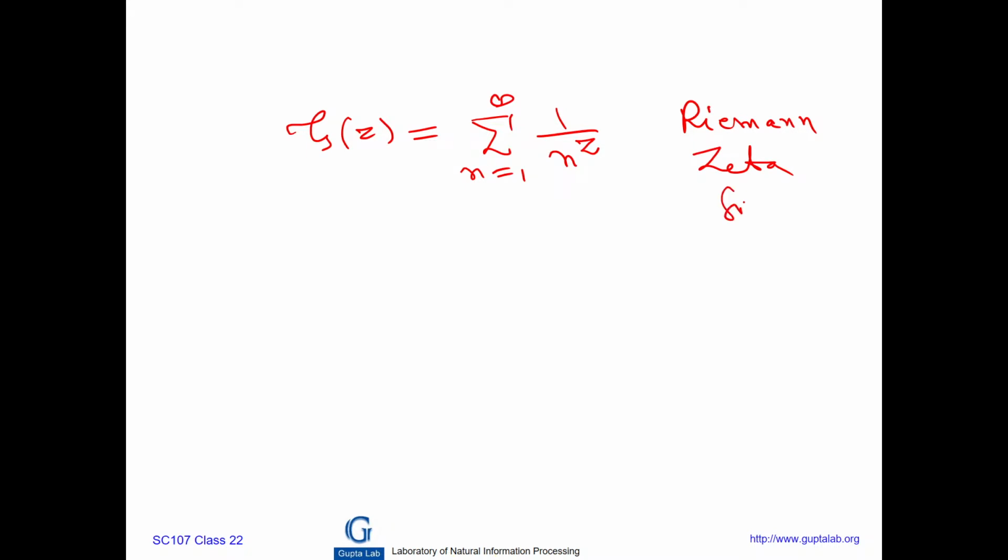I call this function zeta of z is equal to summation n is equal to 1 to infinity 1 over n raised to power z. बहुत सिंपल चीज़ है ना, इनफाइनाइट सीरीज. इसका नाम है Riemann zeta function, one of the beautiful functions in mathematics, and it has connection with many things in mathematics, by the way.